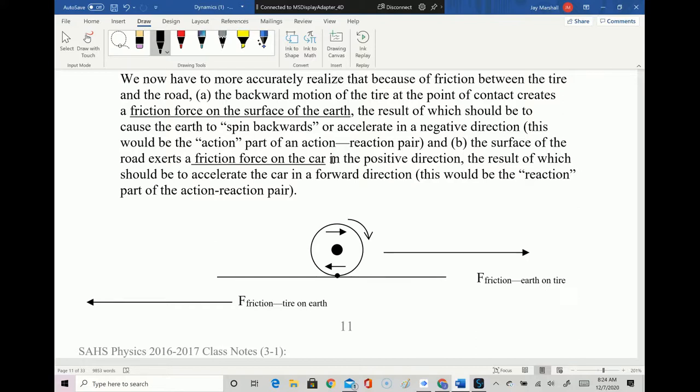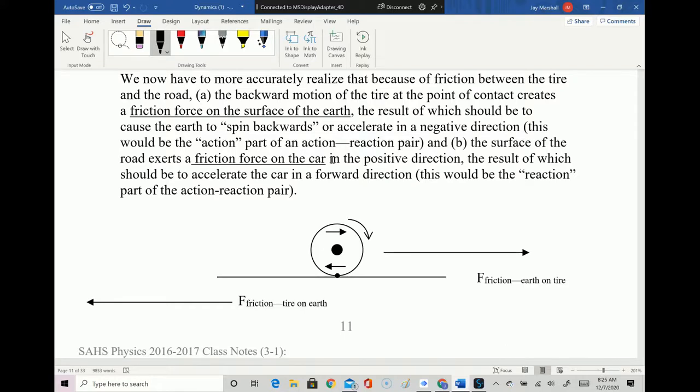But anyway, this would be the action part of the reaction pair. The tire is pushing on the earth in a backwards direction. The surface of the road exerts an equal and opposite force on the tire. Okay? So it's not that the car is causing itself to move forward.